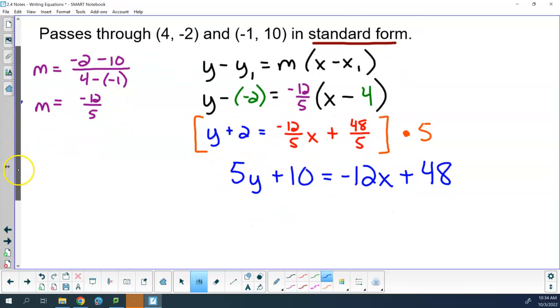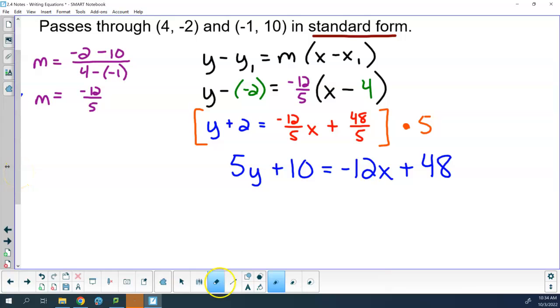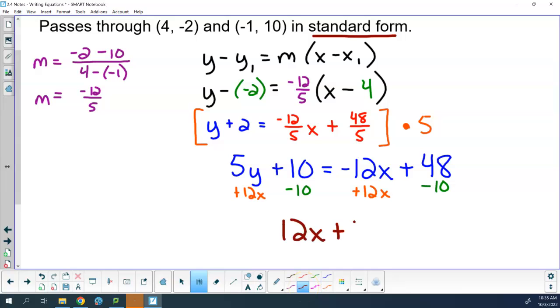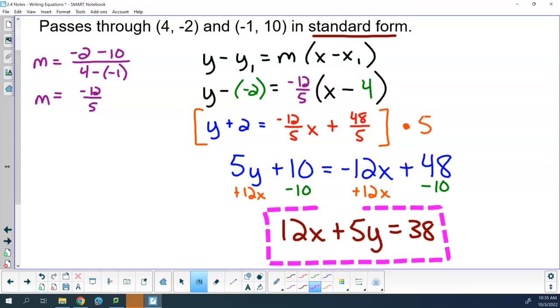Now we can add 12x and subtract 10, and I get 12x plus 5y equals 38. Okay.